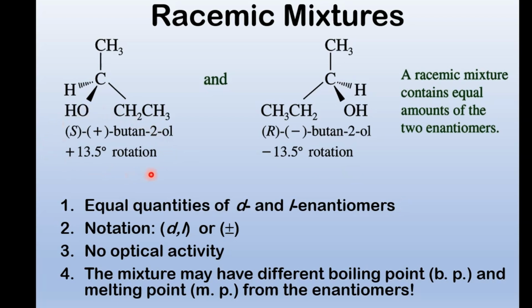So here's our two enantiomers of 2-butanol. And if we have a racemic mixture and we put it in the polarimeter, it doesn't rotate the light at all because they cancel each other out. Each enantiomer cancels it out. Equal quantities of the D and L enantiomers kills optical activity. And then the mixture may have a different boiling point than the pure enantiomers by themselves.